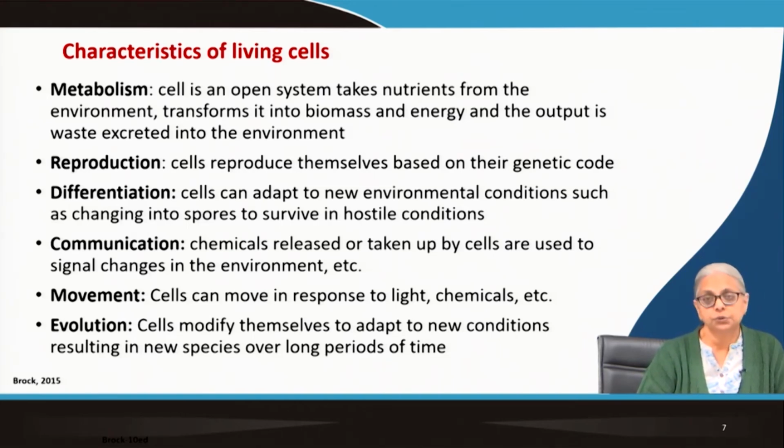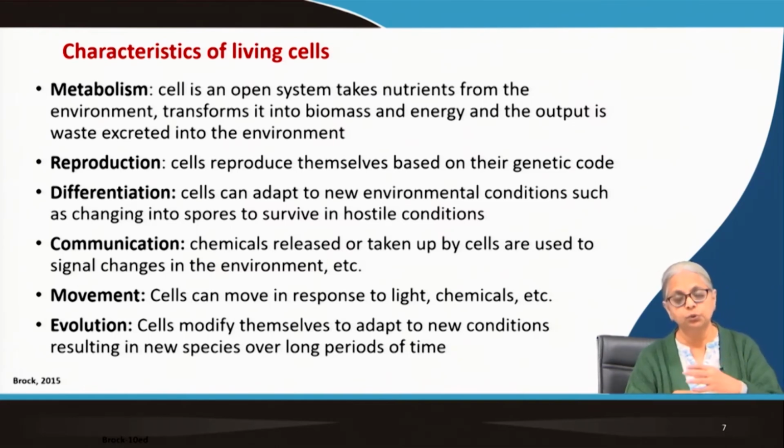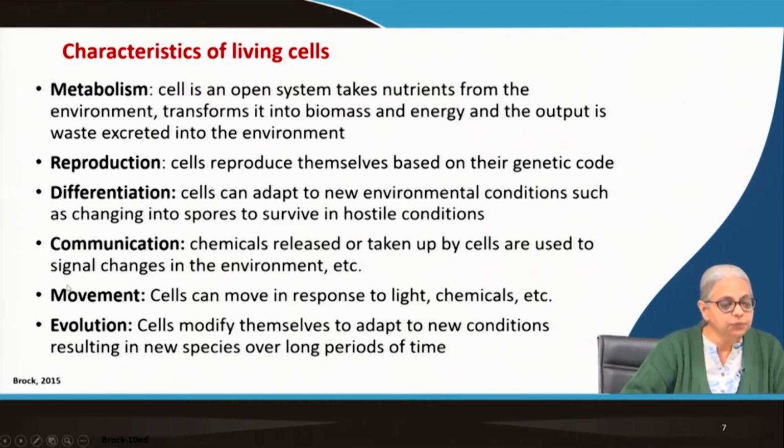I will show you some examples a little bit later in subsequent topics where certain bacterial cells will gravitate towards, or rather move towards, greater oxygen levels or greater substrate levels, meaning food levels, greater light levels, and so on. So this communication and movement is related to whatever is required by that species of bacteria. It may be light, it may be chemicals, it may be oxygen, whatever it is.